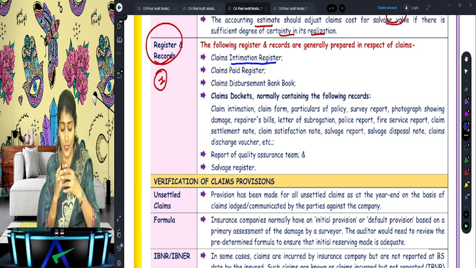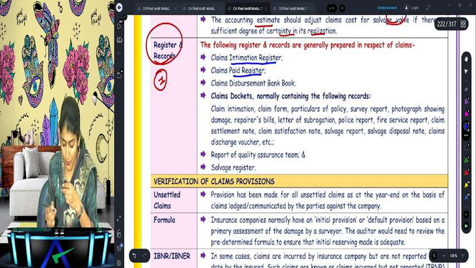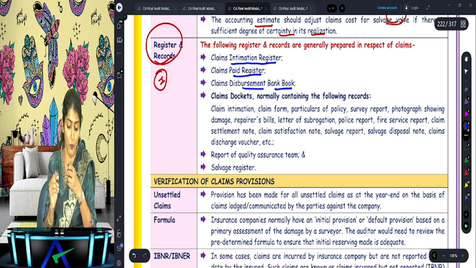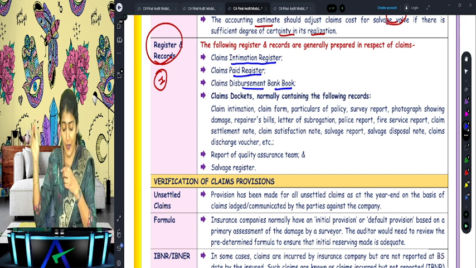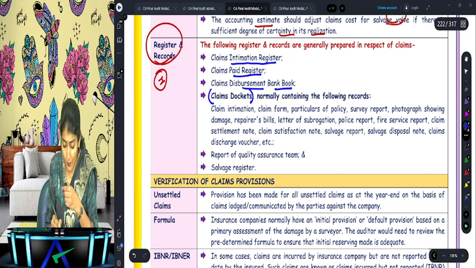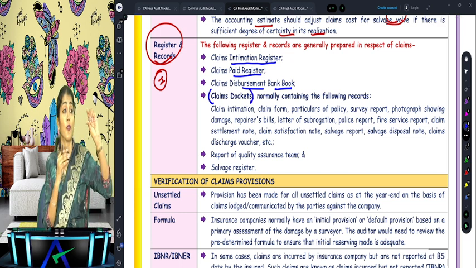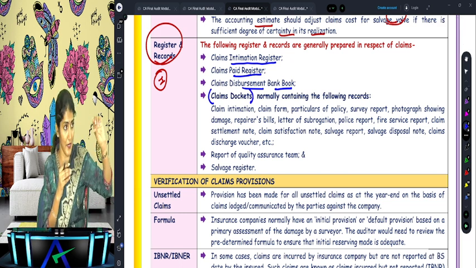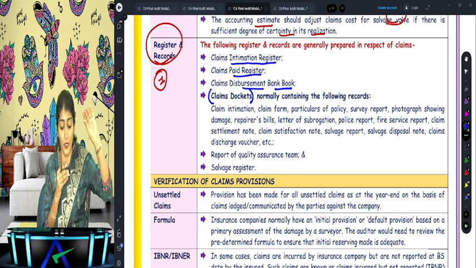Then after the intimation, the claim would have been paid. Obviously, you can check the entries in the bank book also. So, the claim disbursement bank book. Then the entire claim docket. Just as in a bank you have a big loan file, similarly in an insurance company a big claim file is prepared. And what is there in that claim file?